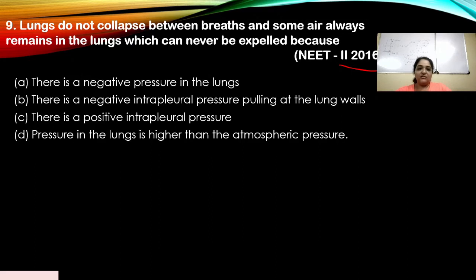And pressure in the lungs is higher than the atmospheric pressure. No. So the answer is B. The reason why lungs do not collapse is because there is a negative intrapleural pressure that is pulling at the lung walls.